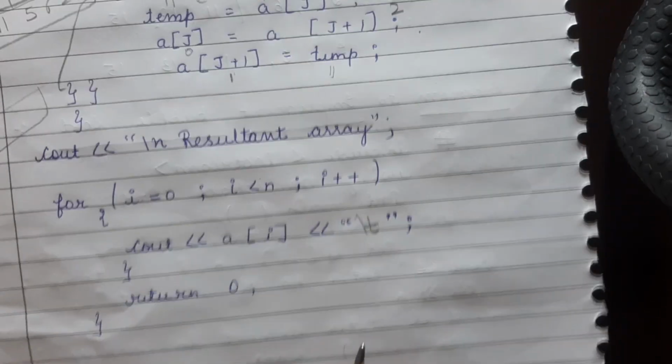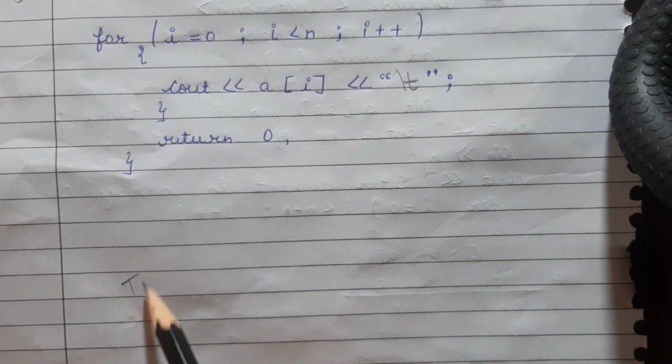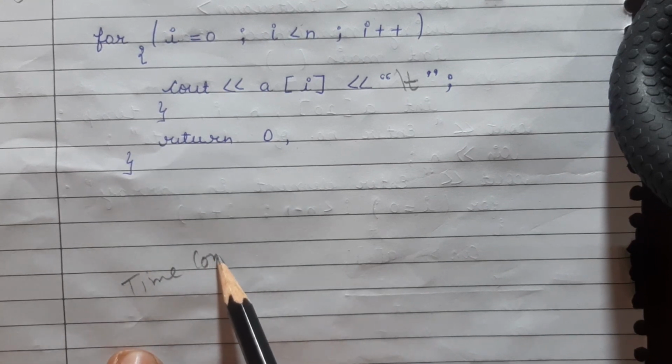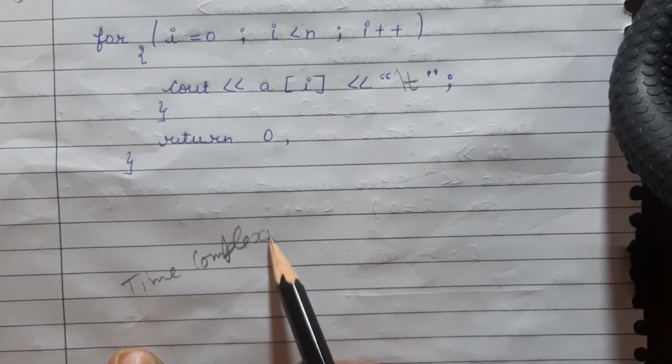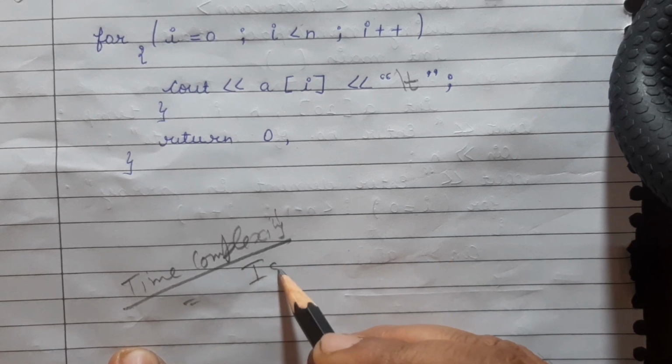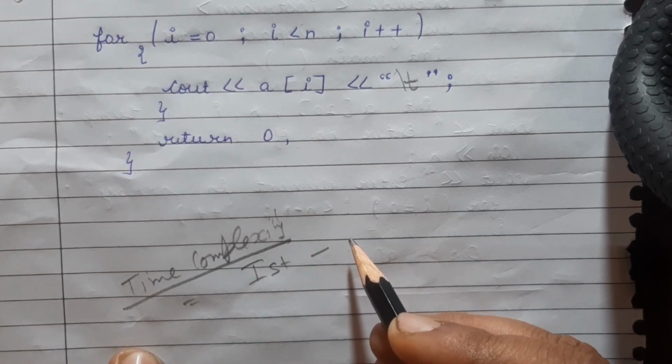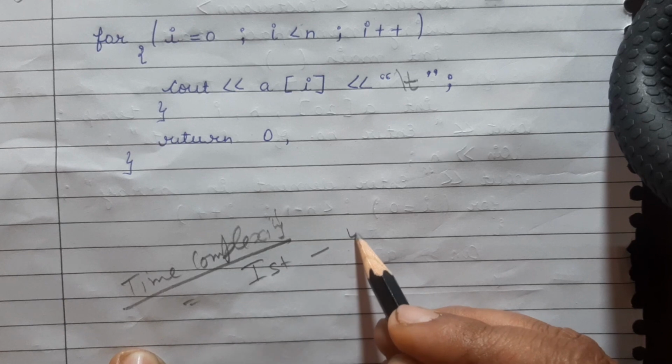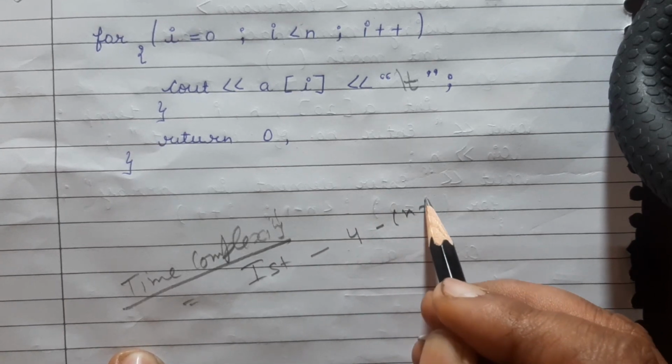Now we discuss the time complexity of the bubble sort. If you analyze, in the first pass, how many comparisons did we perform? We performed 4 comparisons, that is n minus 1.